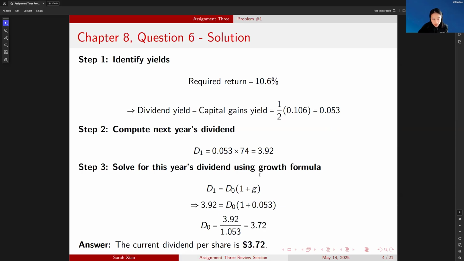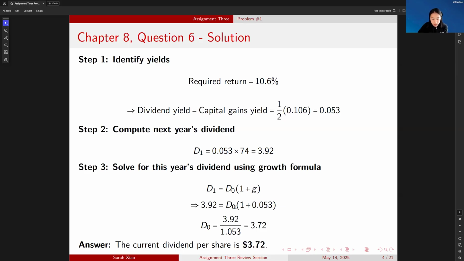The second step is to compute next year's dividend. We use this formula: D1 is equal to the dividend yield times the price per share. So next year's dividend should be 3.92.